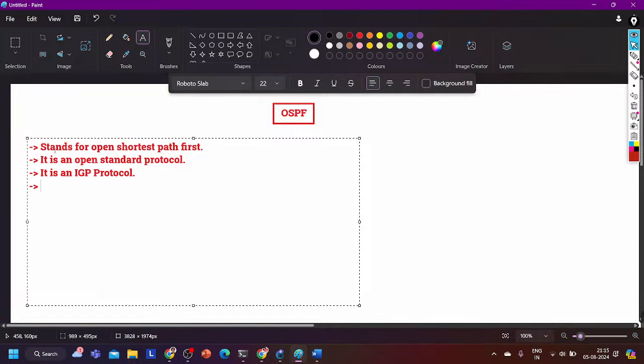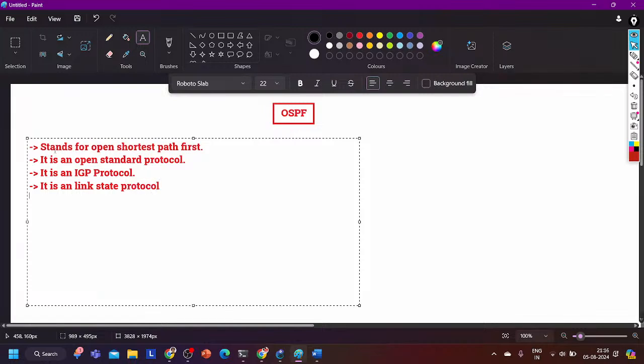Between autonomous systems, OSPF is not going to work. So again, within an organization we can use the OSPF routing protocol. Between two organizations, between XYZ and ABC corporate, we will not run the OSPF protocol. So it is an IGP protocol, and same AS number only we work it.